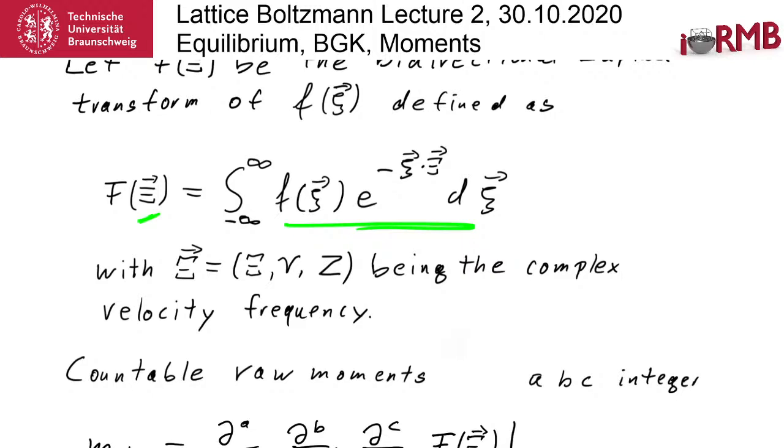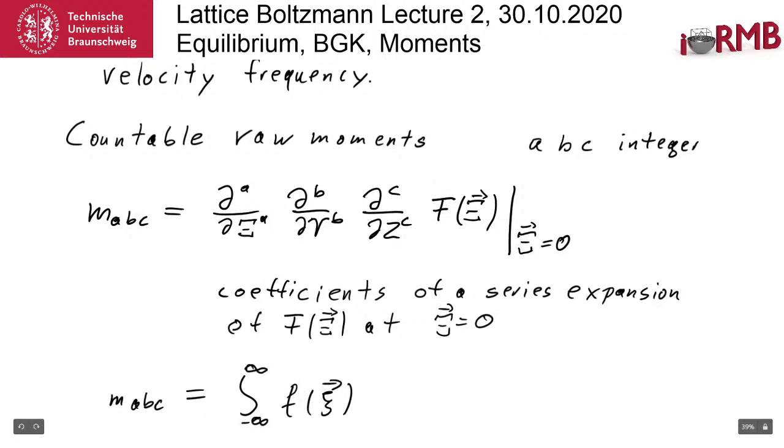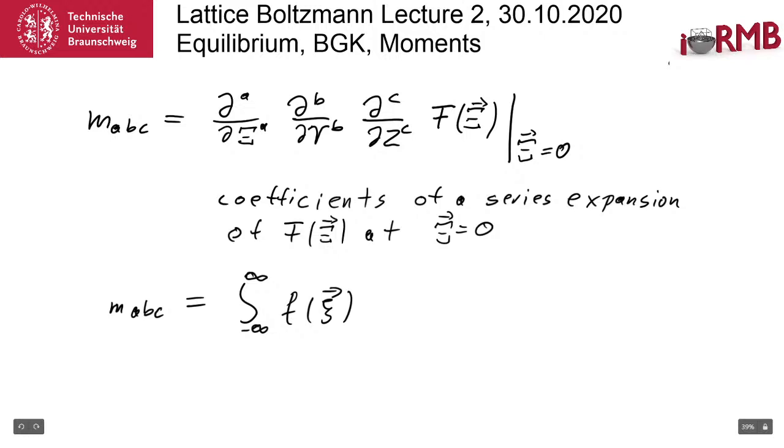So you put it into the integral, and you see the only thing that actually depends on it is this exponential function. Then what you end up with, if you take the derivatives of an exponential function, is that you simply get these guys out. Oh no, this is not a vector. Sorry.